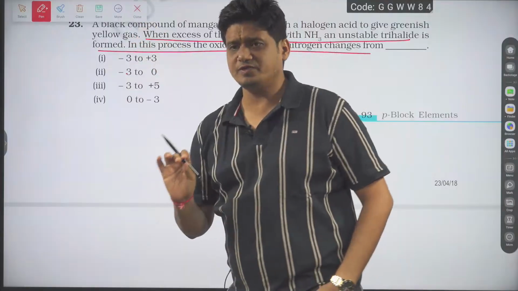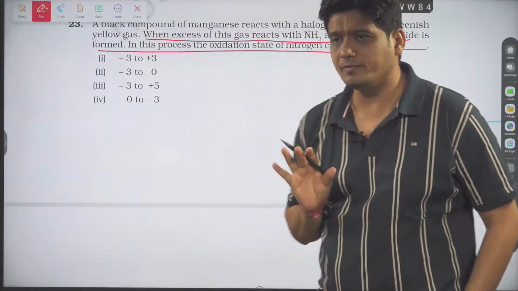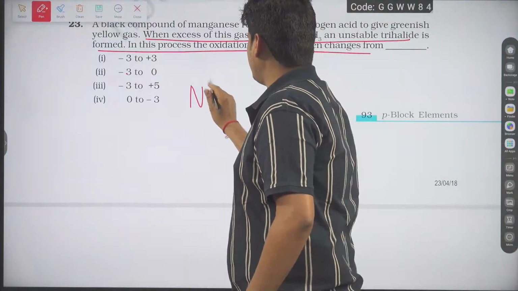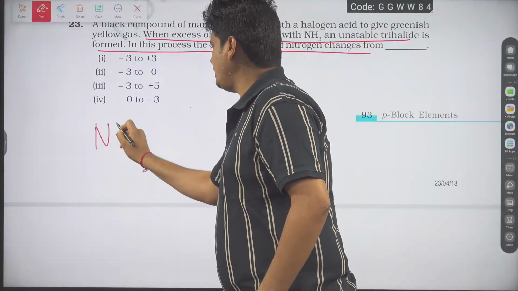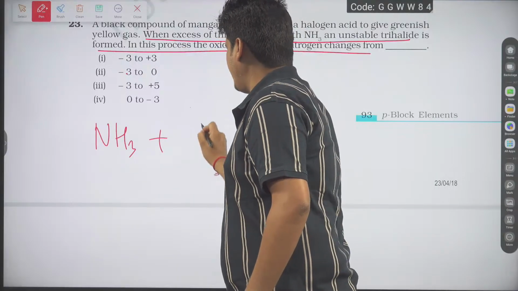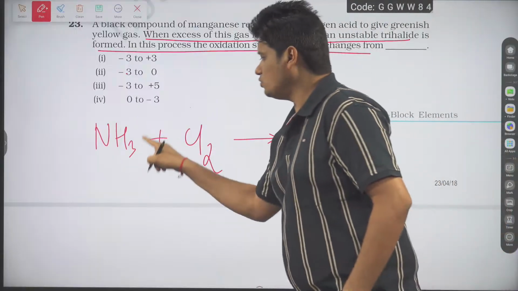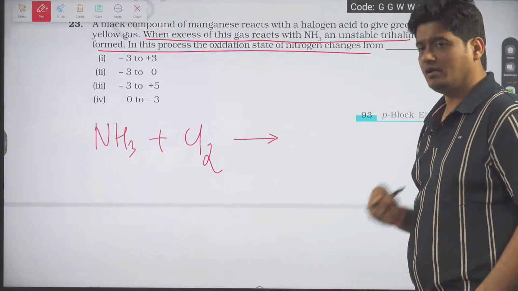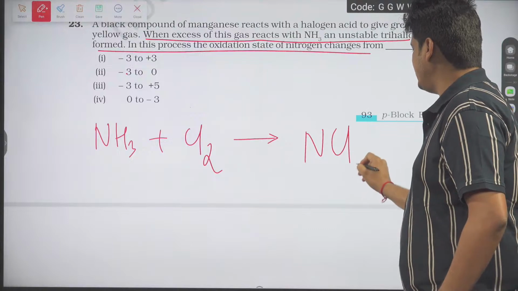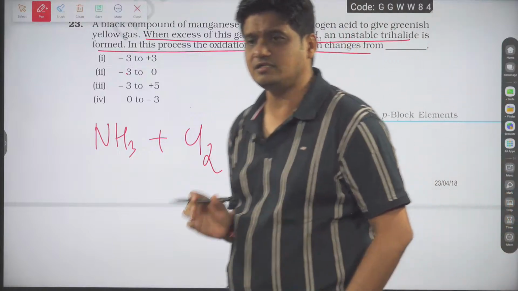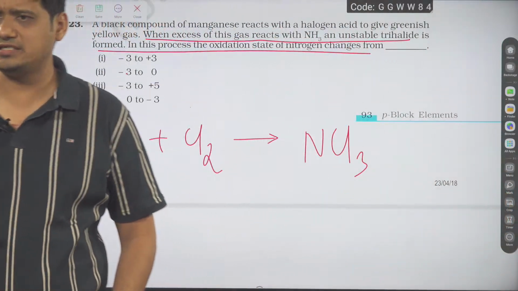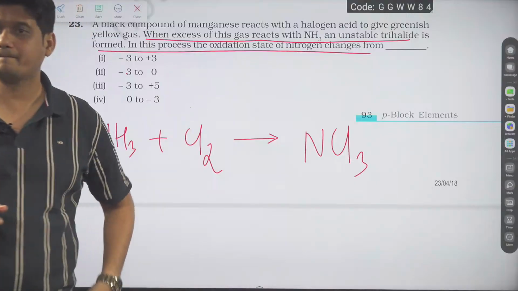Greenish yellow gas which is formed is chlorine. So when NH3 reacts with the excess of chlorine, all hydrogens are replaced by chlorine, and what will I get there? NCl3. I'm not balancing the reaction, I'm emphasizing on the important part here.